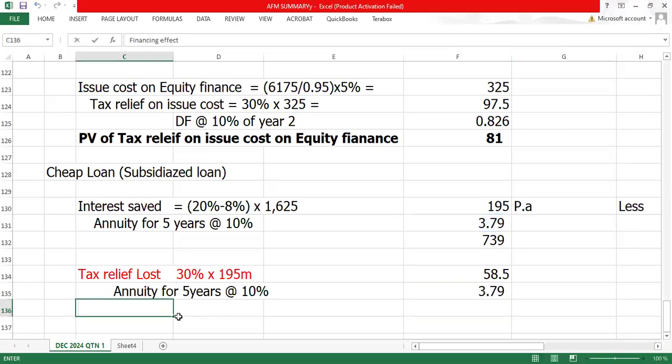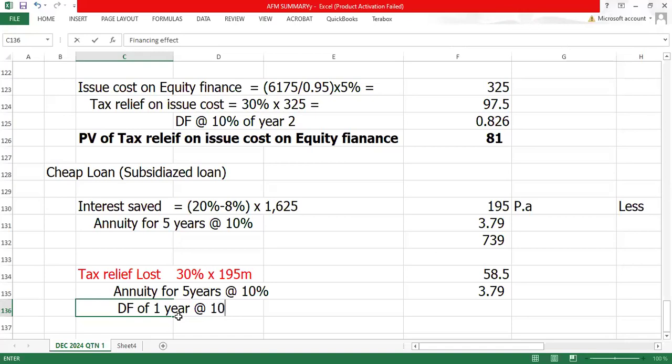Then also, because this one, we are claiming tax relief in arrears. We are claiming tax in arrears. You also have to bring the one of year 2, rather of year 1 will start from year 2. Then that one of year 5 will be claimed in year 6. So that's why I have to bring in the other component of discount factor of year 1 at what?